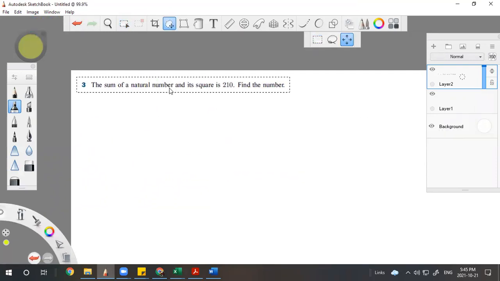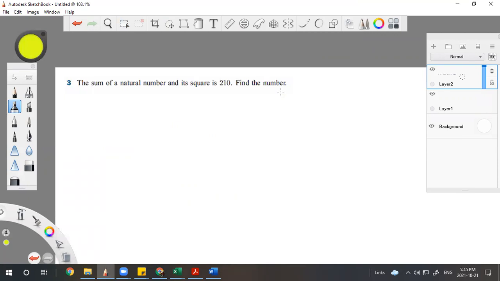The sum of a natural number and its square is 210. What is it? Let's say the number, a natural number, we don't know anything about the natural number. It can be anything. Just put n. The sum of a natural number and its square is 210.